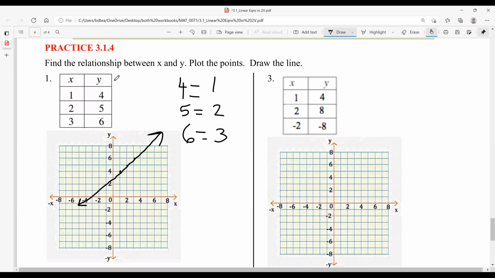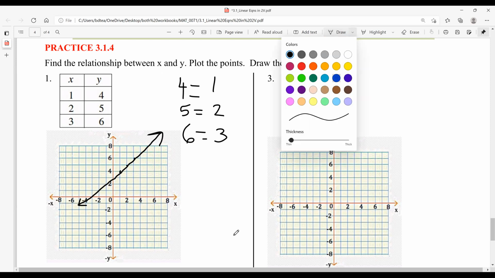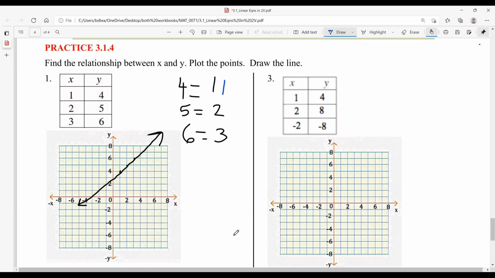So we can determine the relationship here to see what this linear equation looks like. How do you go from 1 to 4? Well, if you add 3 to 1, you get 4. If you add 3 to 2, you get 5. And if you add 3 to 3, you get 6. So the linear equation in this relationship is y = x + 3.